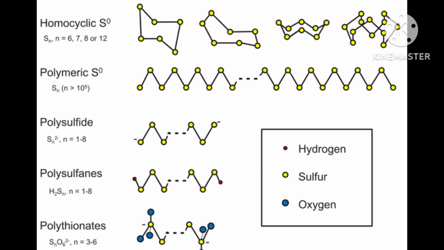Two-step reaction. 2NaOH plus SO2 gives Na2SO3 plus H2O. Now in this product, if further SO2 is passed, Na2SO3 plus H2O plus SO2, it forms 2NaHSO3. Okay, bisulfite, hydrogen sulfite forms.